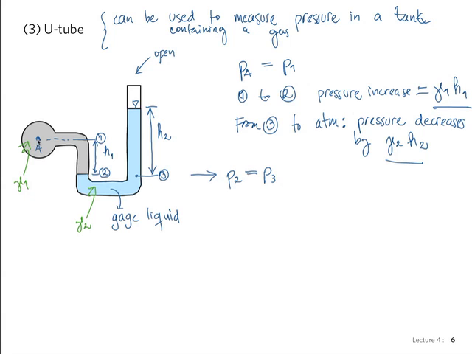So we want to measure the pressure at A. Pressure at 2 increases by gamma 1 H1. And then I can do pressure at 2 is equal to pressure at 3. So pressure at 2 is pressure at A plus gamma 1 H1, and pressure at 3 is equal to, well, we're going to measure just gauge, and so it's gamma 2 H2. Atmospheric pressure we don't need because we're going to measure gauge pressure relative to atmosphere.